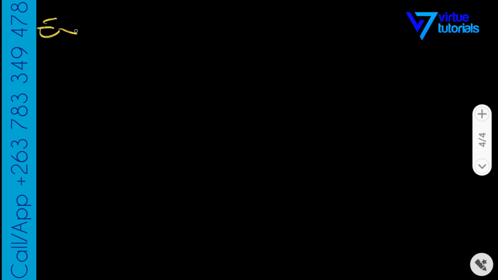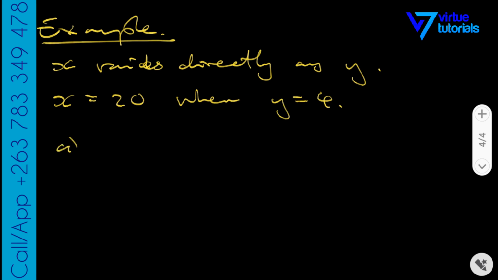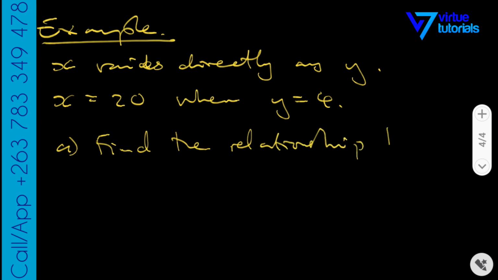So for example, we can say x varies directly as y. X is equal to 20 when y is equal to 4. A, find the relationship between x and y.